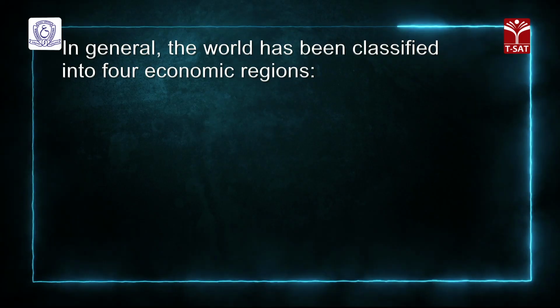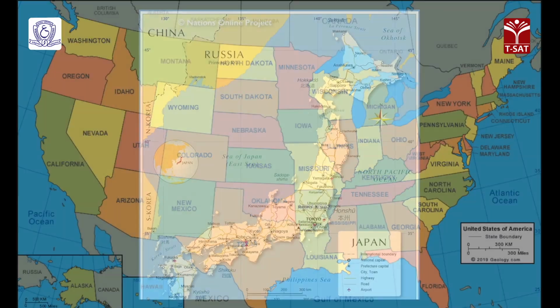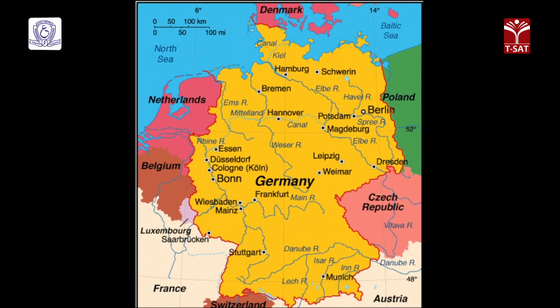In general, the world has been classified into 4 economic regions. The first one is capitalist commercial economy. In this, Belgium, Netherlands, Switzerland, Singapore, etc. Industrial commercial economy, USA, Japan, UK, Germany, etc. These are part of this.